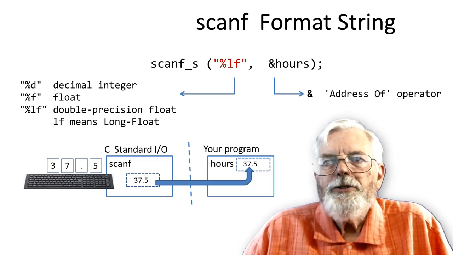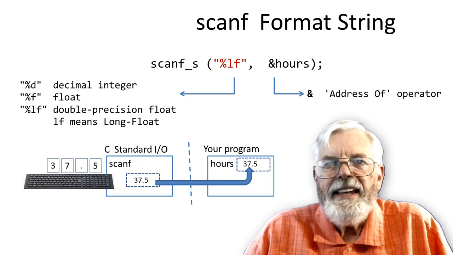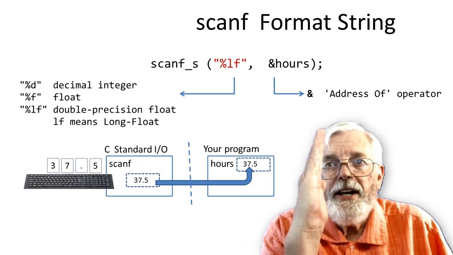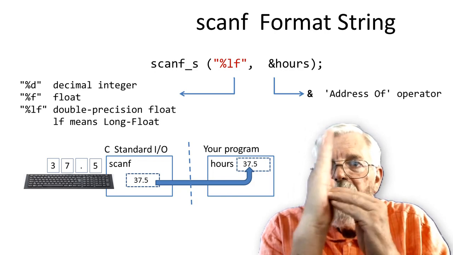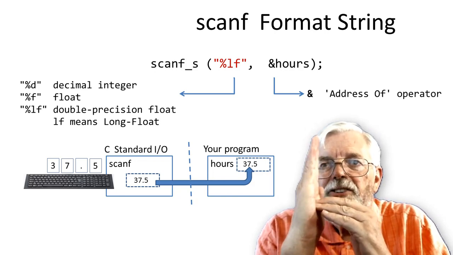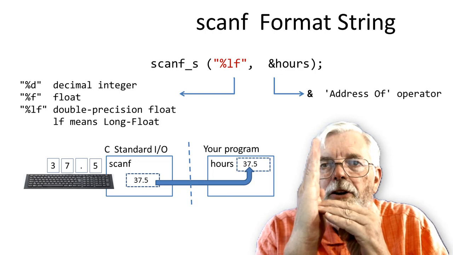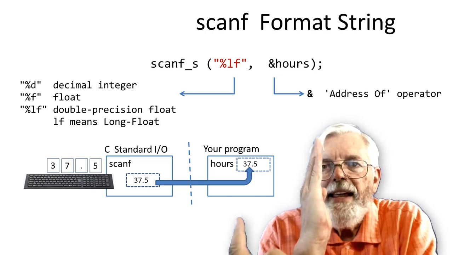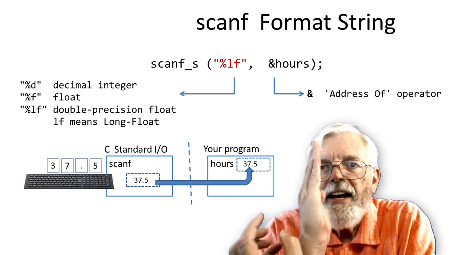Each part of the program likes to protect its own area in memory and its own data. It is like there is a magical barrier between the scanf routine and your program that, under normal circumstances, cannot be crossed. Since scanf needs to place the data it read from the keyboard into your part of the program, it is necessary for your program to provide the address of your variable to scanf.